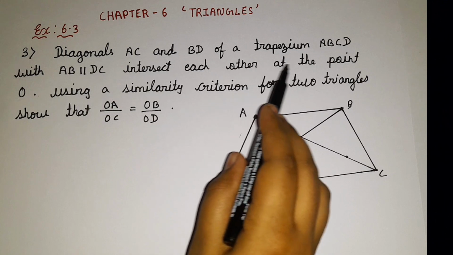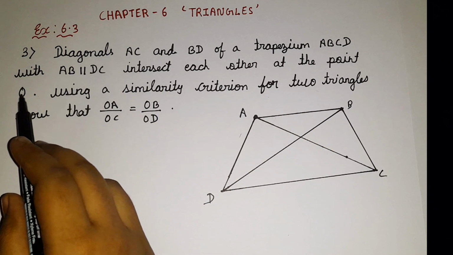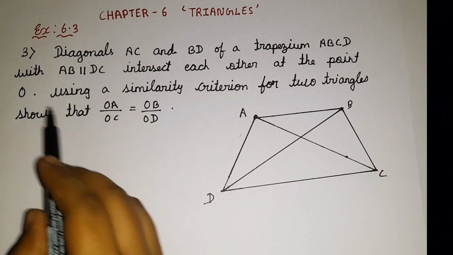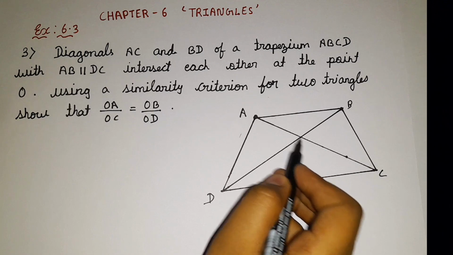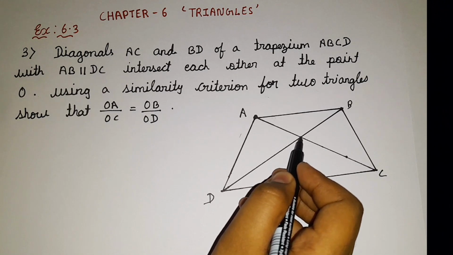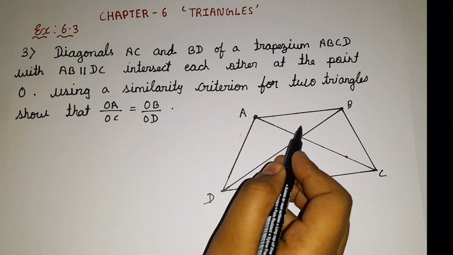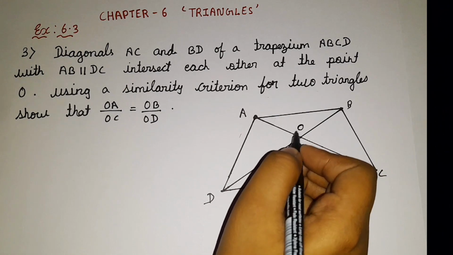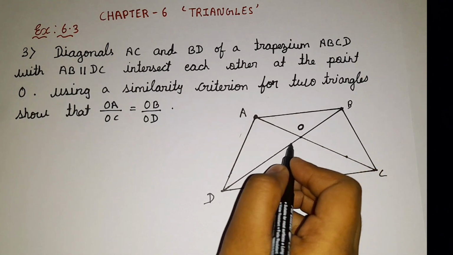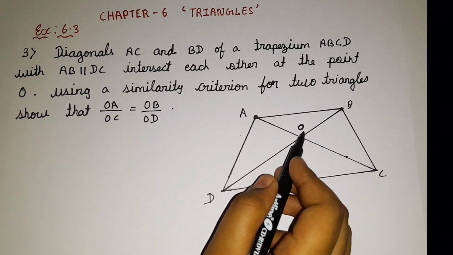The diagonals intersect each other at the point O. Intersecting means this is the point where they crisscross. There is a point right over here, and we call it O, because according to the question they mention it as O. After intersecting they made a point that is O.